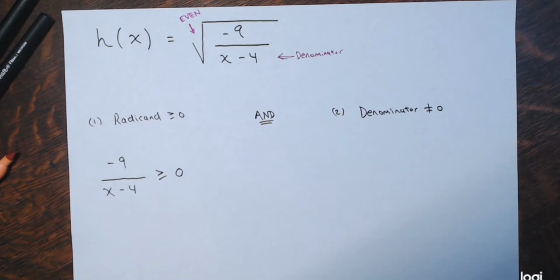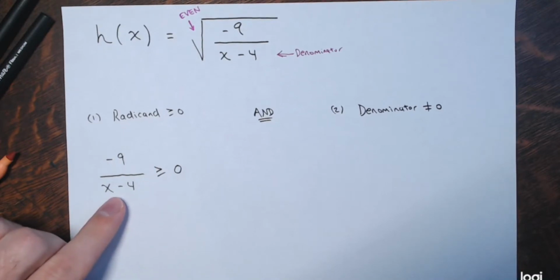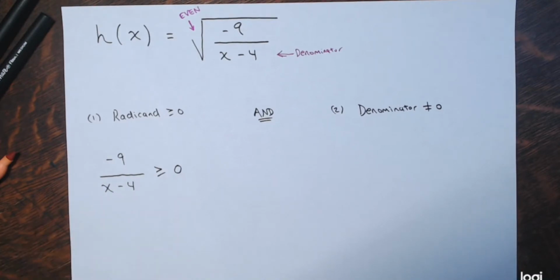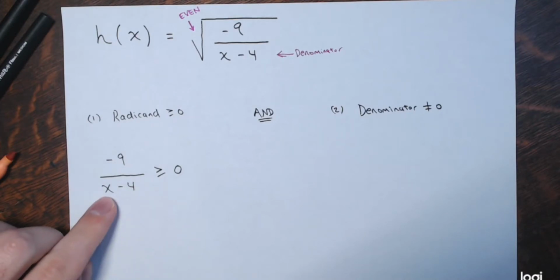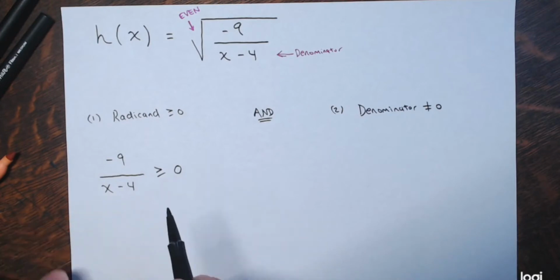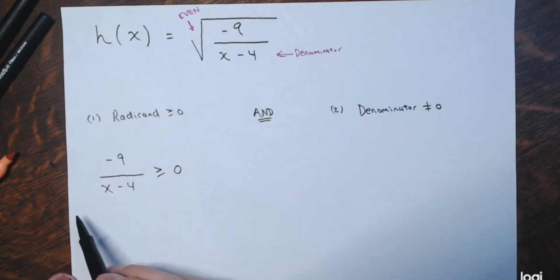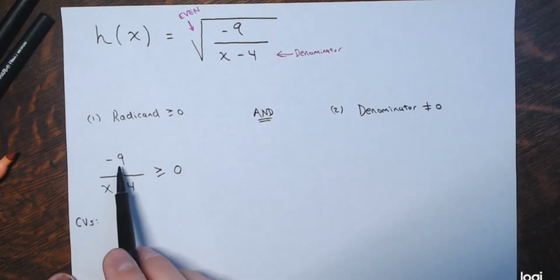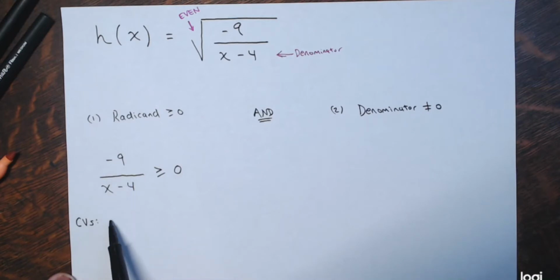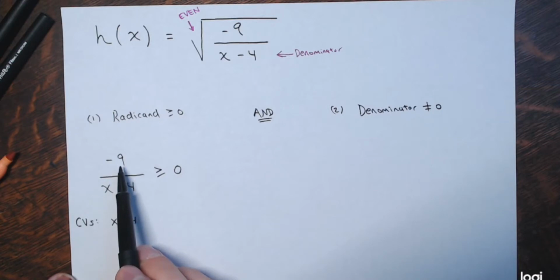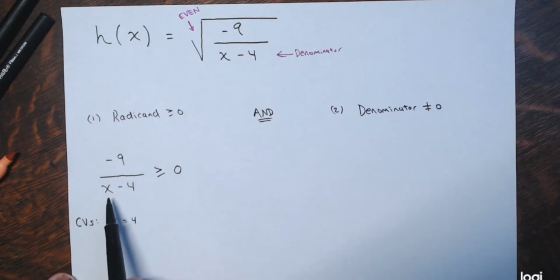This is solving a rational inequality, going back a little in the previous videos, where I have a fraction on one side, 0 on the other, and then I list what are called the critical values, CVs. They're what make that fraction's numerator and denominator 0. The only critical value is x equals 4. The numerator is -9 all the time, never 0, but the denominator will be 0 when x equals 4.